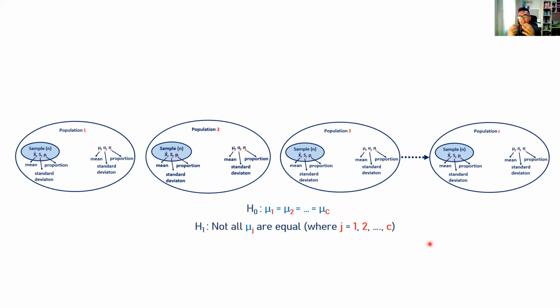Difference here means that even if only one population indicates a difference from all the remaining groups, it can already support that not all mean values are equal. Even though only one population has a different mean value, the null hypothesis that states all of the population values are similar can be rejected.